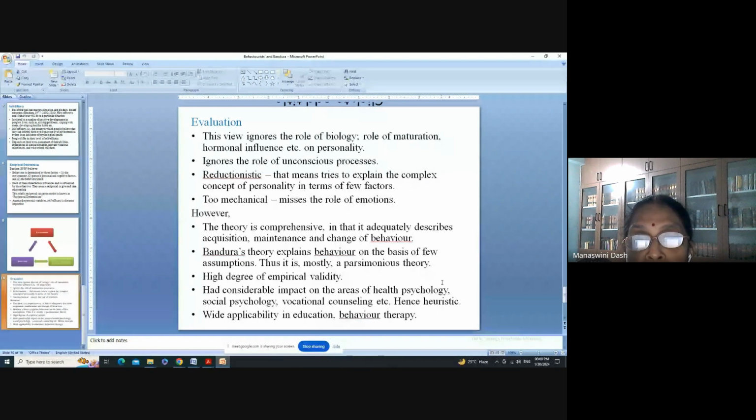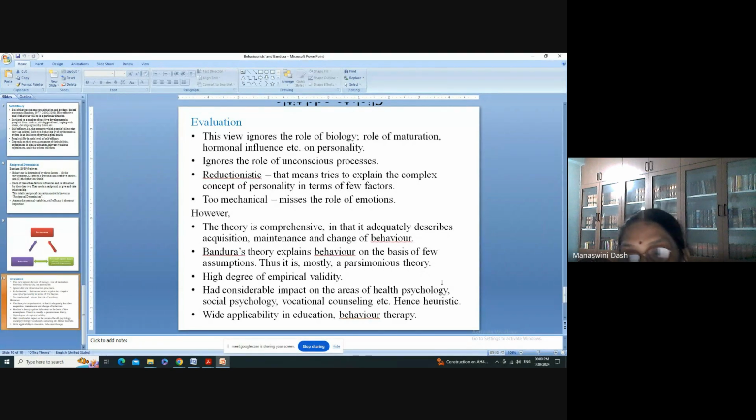That means experimental evidence is there, and it has had considerable impact on the areas of health psychology, social psychology, vocational counseling, etc. So the applicability of this theory is very high. Hence, the theory is heuristic.